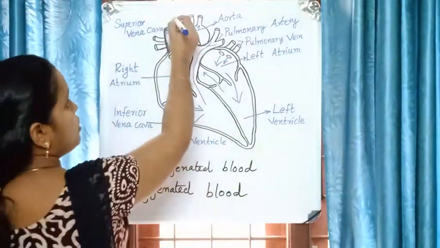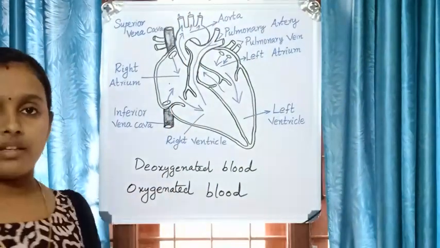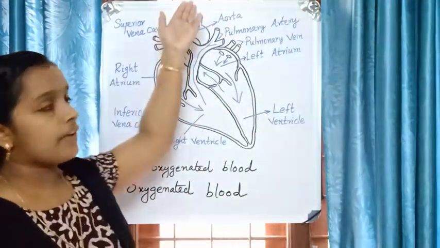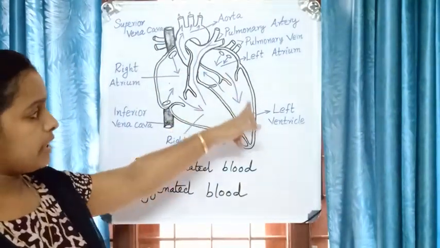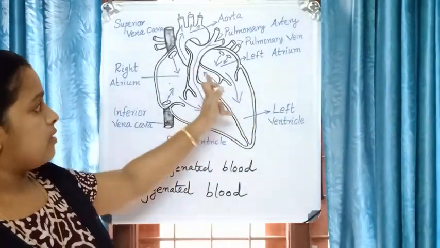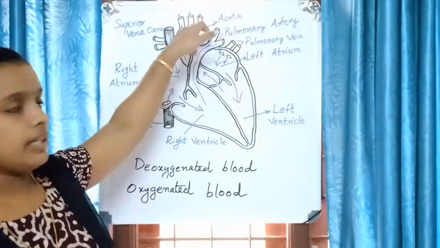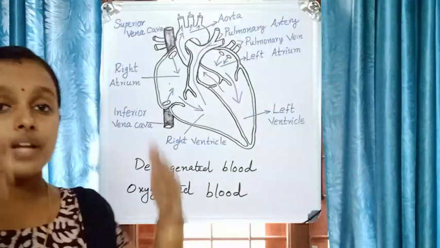So from the left ventricle, this blood will transport into the aorta, and the aorta will transport the blood into different body parts.